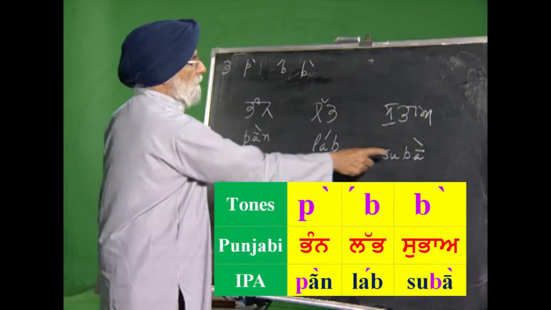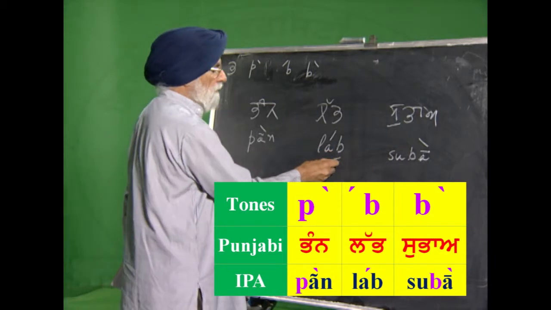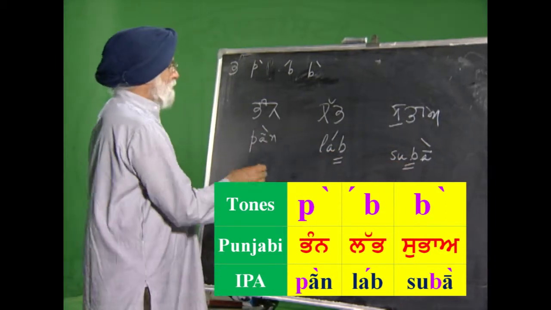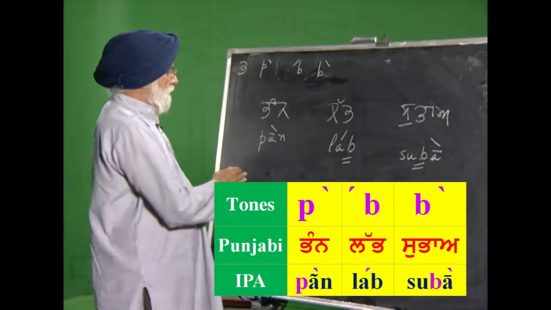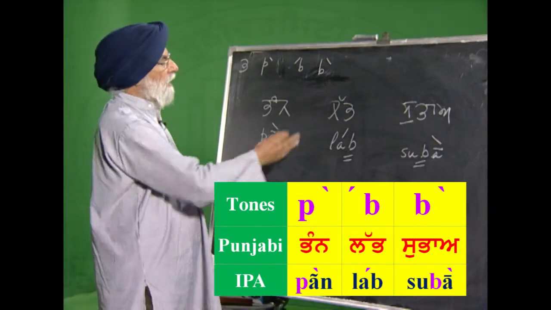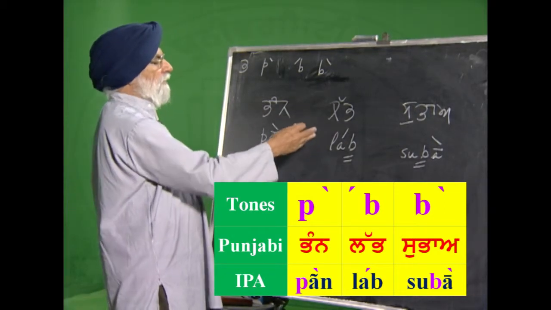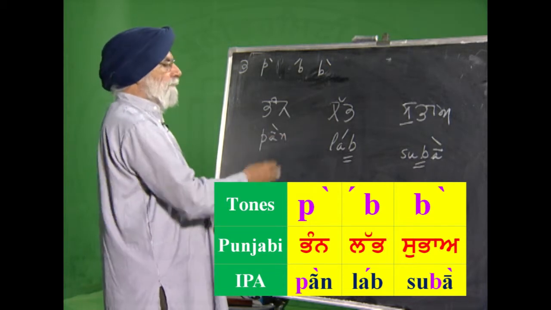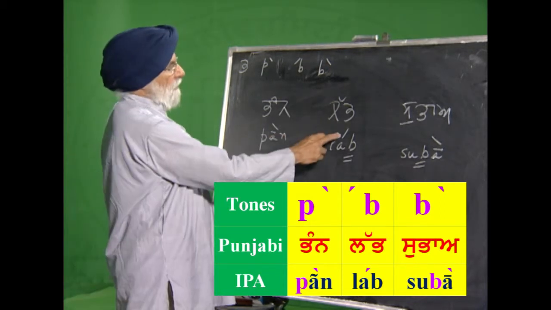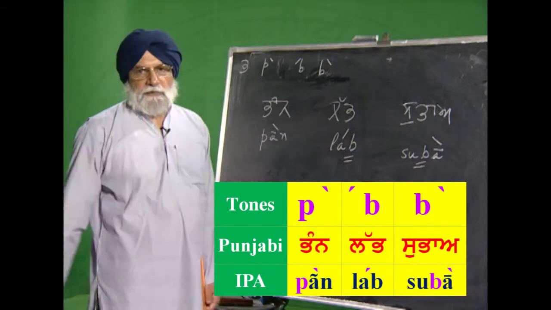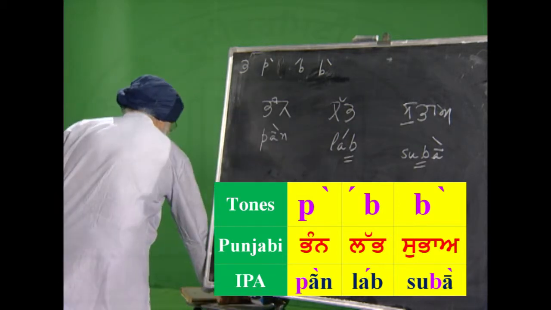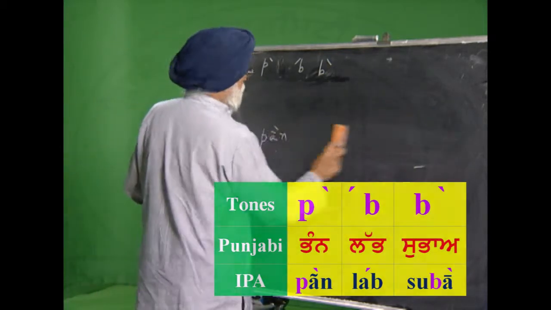So, there is a ba, in both these cases. That means, in the beginning of the word it is a voiceless consonant, and in other places there is a voiced consonant either preceded by high tone or followed by low tone. So, this is what you have in the case of this.